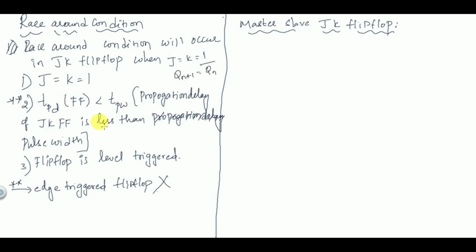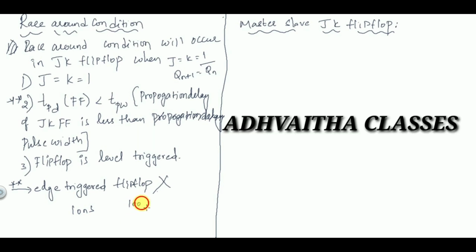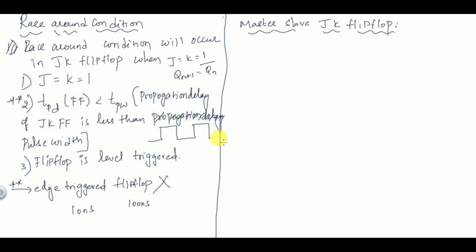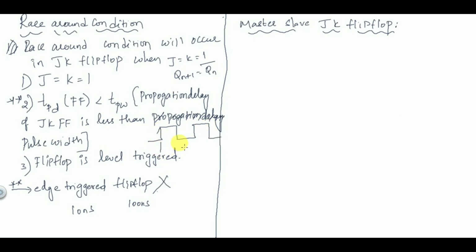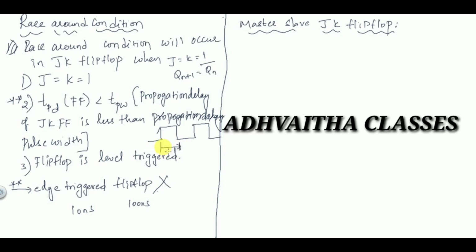Take the propagation delay of the flip-flop as 10 nanoseconds and the pulse width as 100 nanoseconds. Pulse width means the width of the pulse, for how long it will be there.